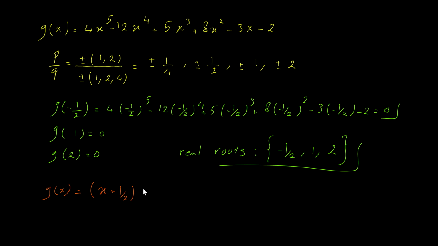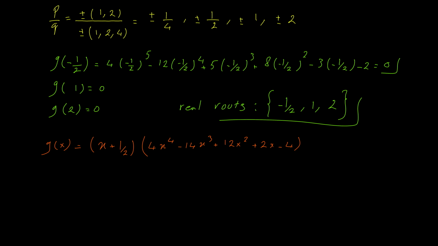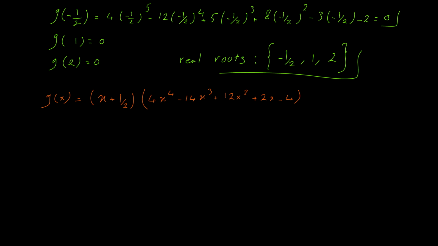We can use long division or synthetic division, whichever you feel comfortable with, and then we get 4x to the 4th minus 14x to the 3rd plus 12x to the 2nd plus 2x minus 4. Now that's the first step that we did.